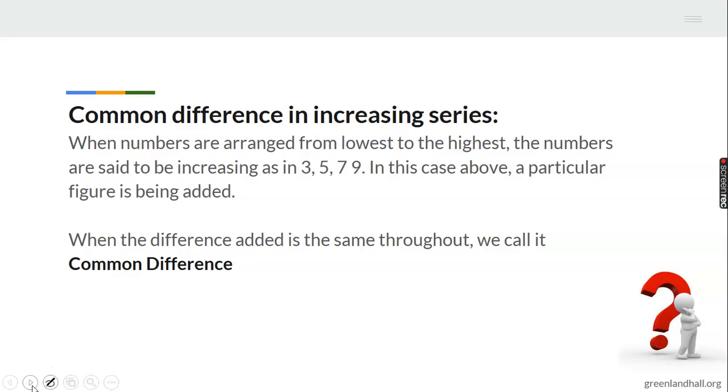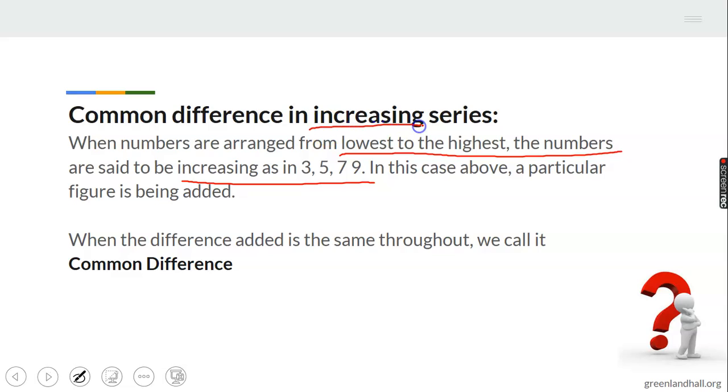Now, common difference in increasing series. What is common difference? When numbers are arranged from lowest to the highest, the number is said to be increasing. So when a number is going from small to big, that number is said to be increasing.